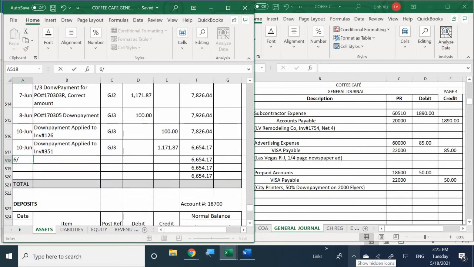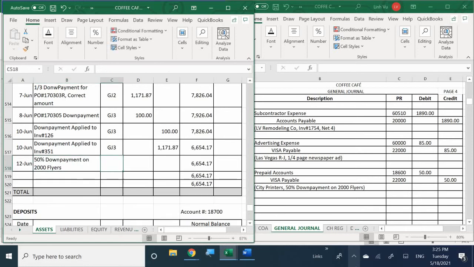We're going to recognize today, the 12th, and this is going to be a 50% down payment on 2,000 flyers. General journal number 4. And we acquired it for $50, bumping up our account balance to $6,704.17.